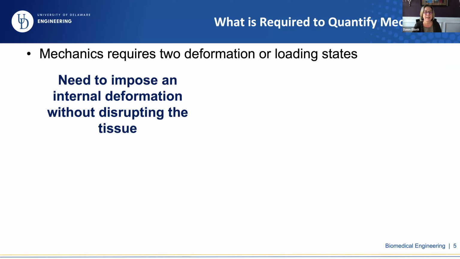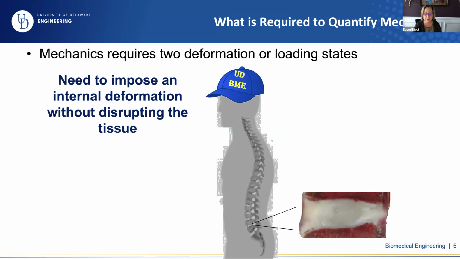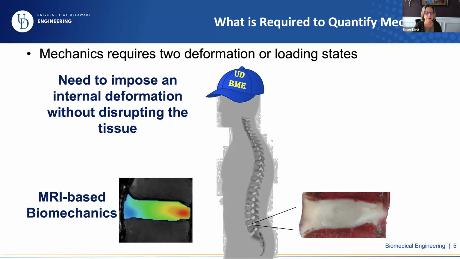To quantify mechanics, you need at least 2 deformation states or 2 loading states. So we need to impose some internal deformation without disrupting the tissue, and your intervertebral disc is buried deep within the body. Not easy to go in and impose internal deformations without disrupting that tissue.